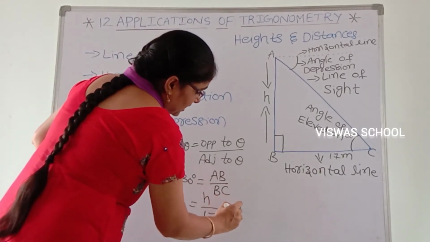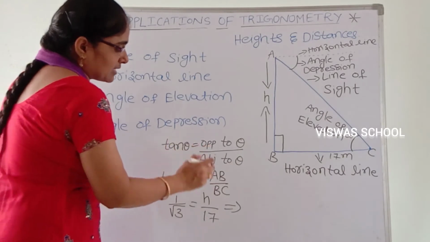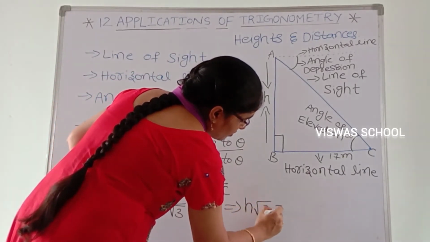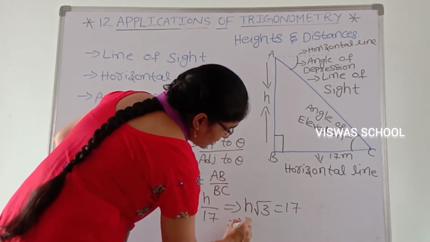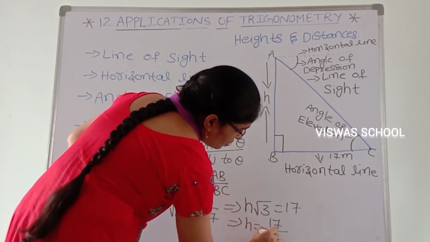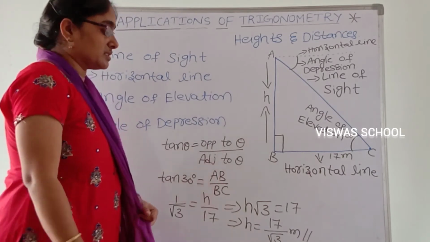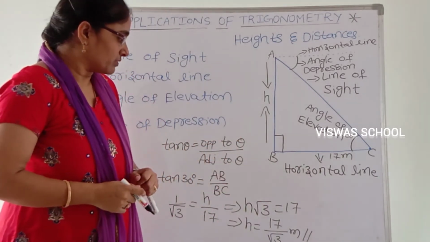By cross multiplication, h into root 3 equals what? 17 into 1, 17. From this, h is equal to 17 by root 3 meters. This is the height of the pole.